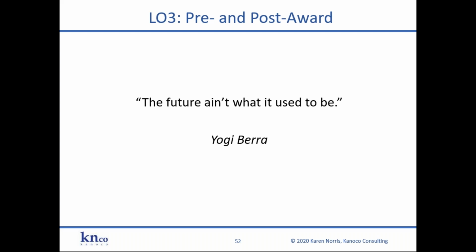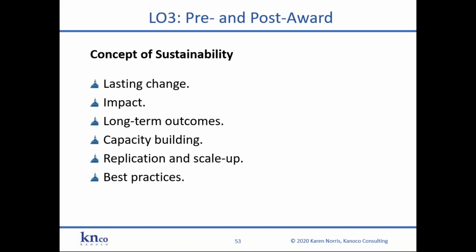So, Yogi Berra: the future ain't what it used to be. You don't want to have overstated goals in your proposals. You just don't want to have things included in your proposal that are going to interfere with your ability to implement if you're awarded.